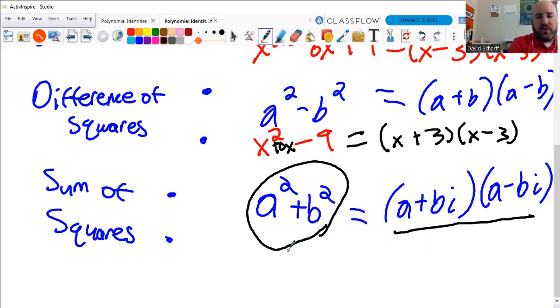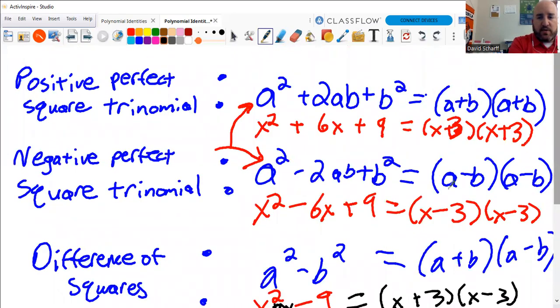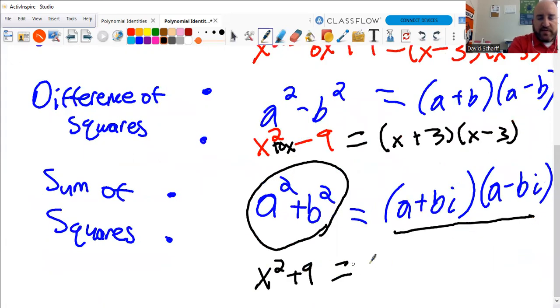My problem with sum of squares is if I try to do x squared plus 9, this is still a plus 9. So if I'm thinking in terms of what we know right now, if I'm looking at 9 being positive here, both my signs are going to have to be the same to multiply to give me a positive.